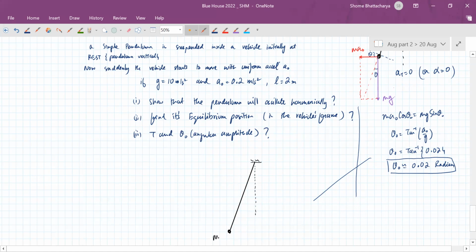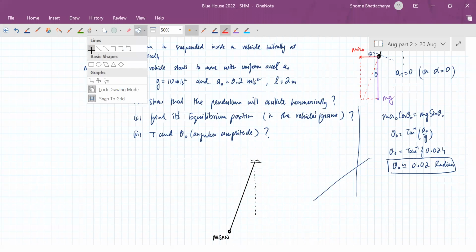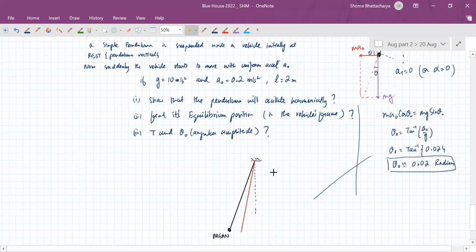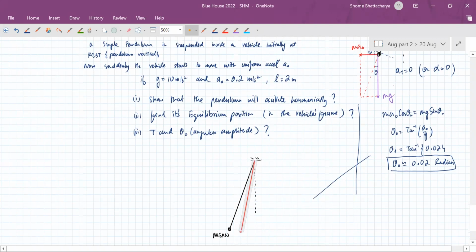This is the mean position. If you're at some angular position with respect to that on either side, you should experience a restoring torque like this, backward.